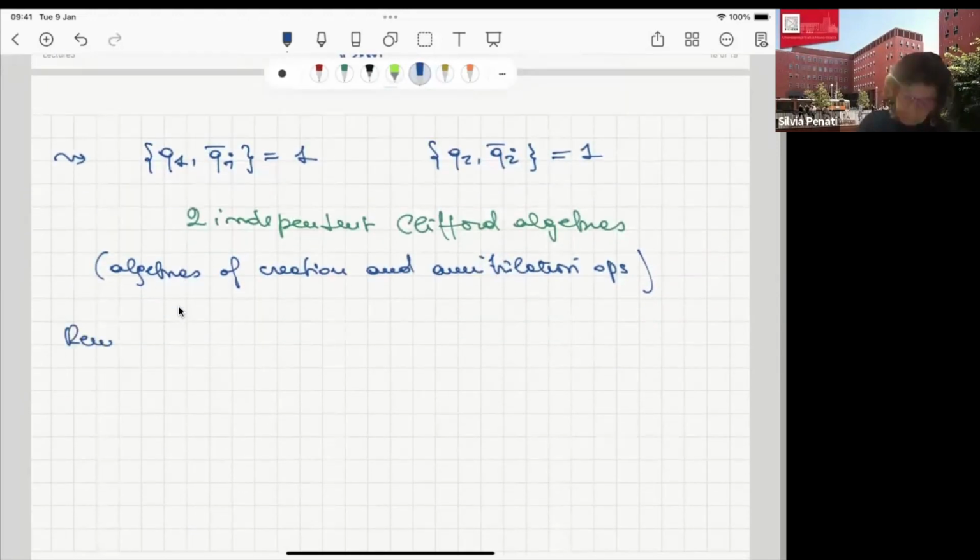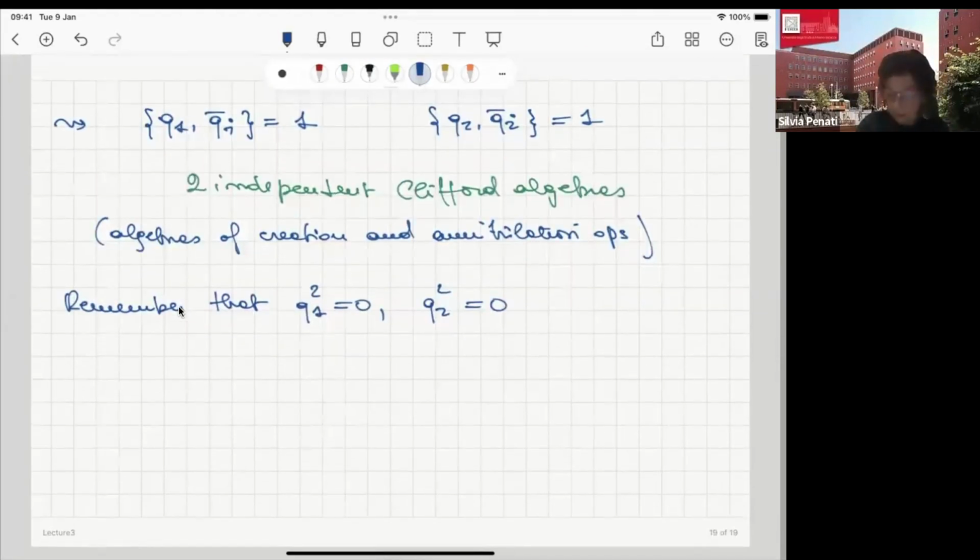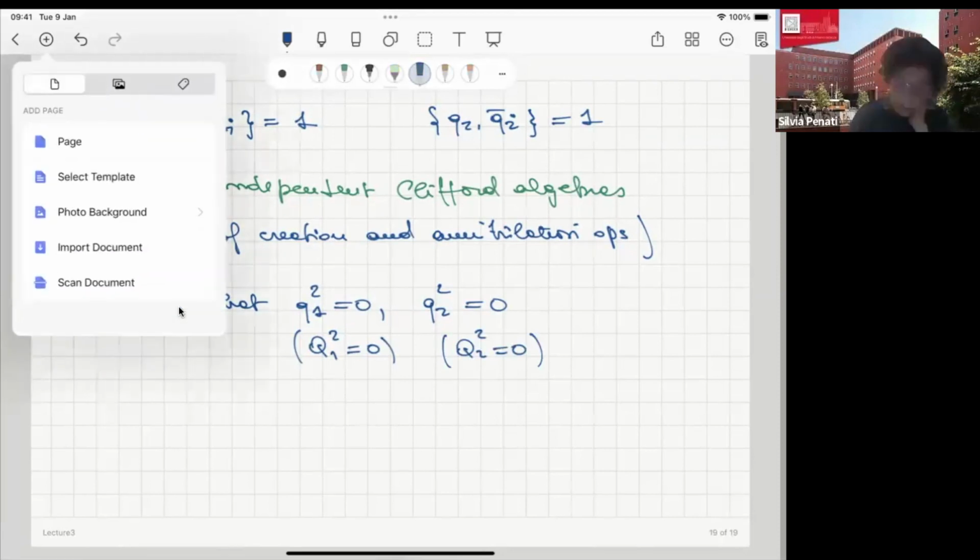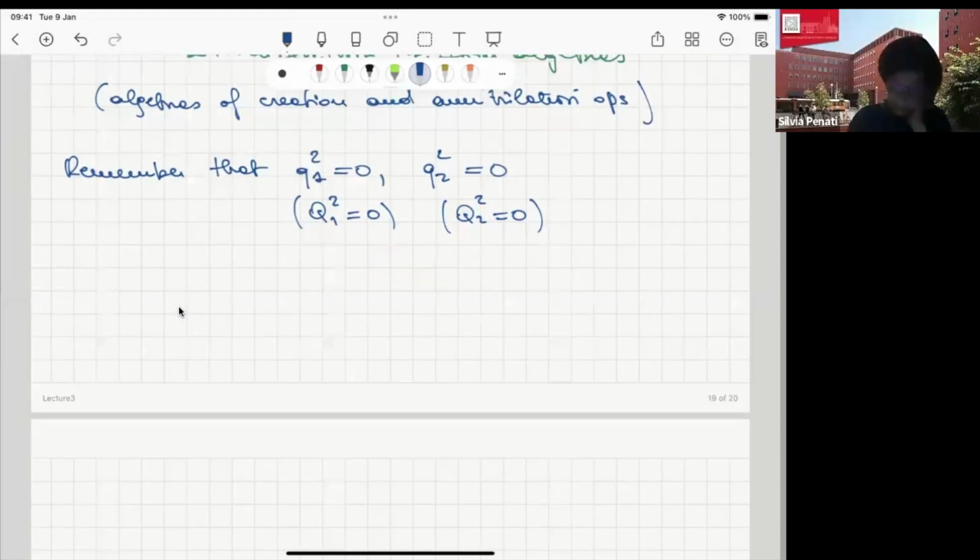Remember that Q1 squared is equal to 0 and Q2 squared is equal to 0, which comes from, of course, the original algebra. And similarly for Q bar. Okay, so how do I construct a representation?